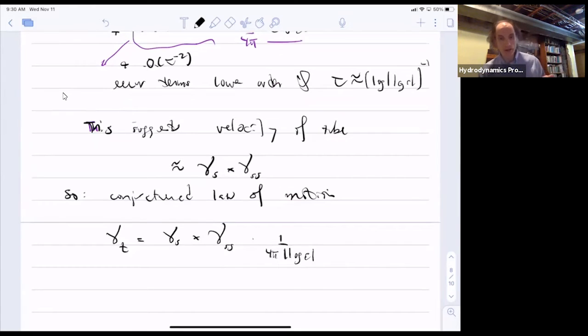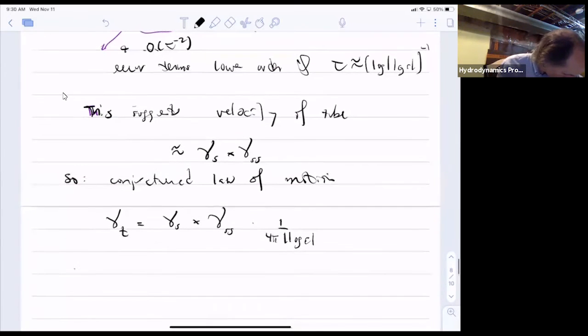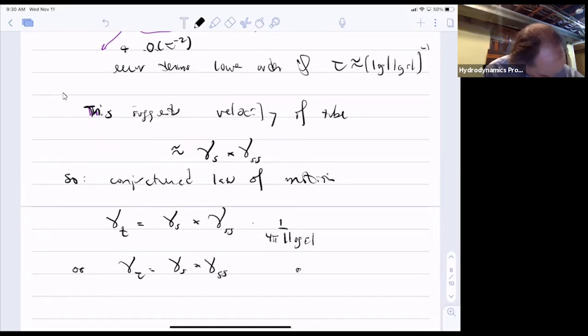And if I wish to, I could write it in terms of rescaled time tau, after rescaling the time variable.